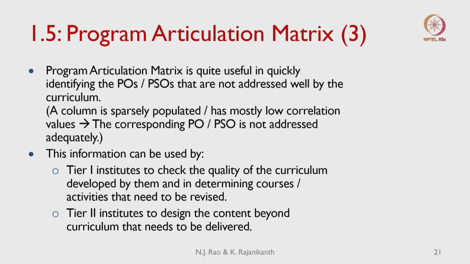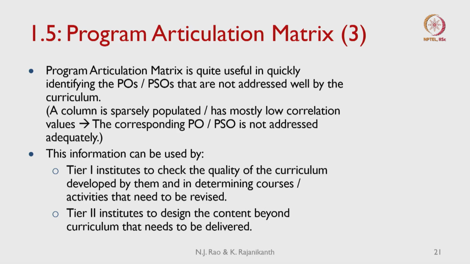And as I mentioned, this is quite useful in quickly identifying the POs, PSOs that are not addressed well by the curriculum. A column is sparsely populated, has mostly low correlation values. This means that the corresponding PO, PSO is not addressed adequately.